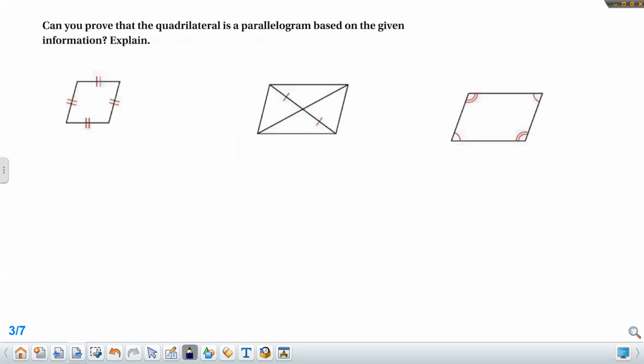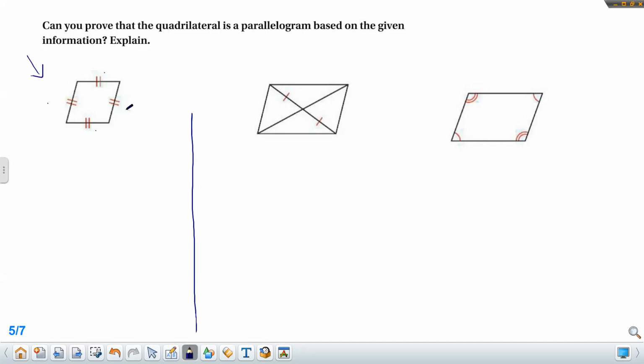For example, can you prove that the quadrilateral is a parallelogram based on the given information, and explain? First figure: what do you have here? We have two opposite sides which are equal and the other opposite sides which are equal. So can we say this figure is a parallelogram or not?